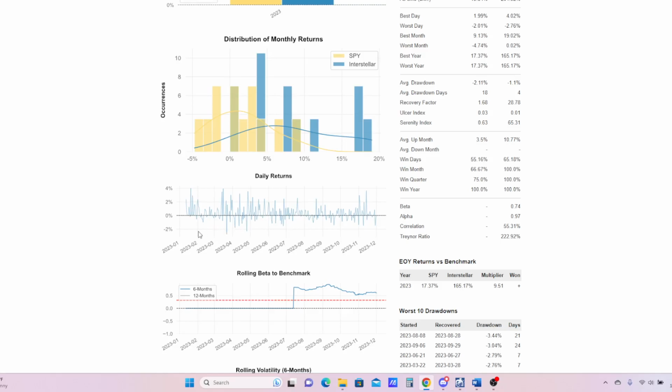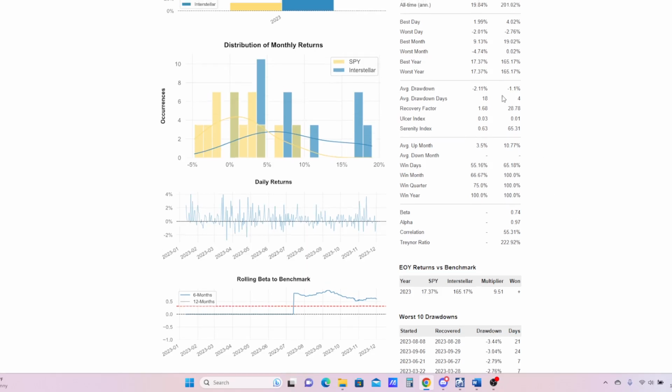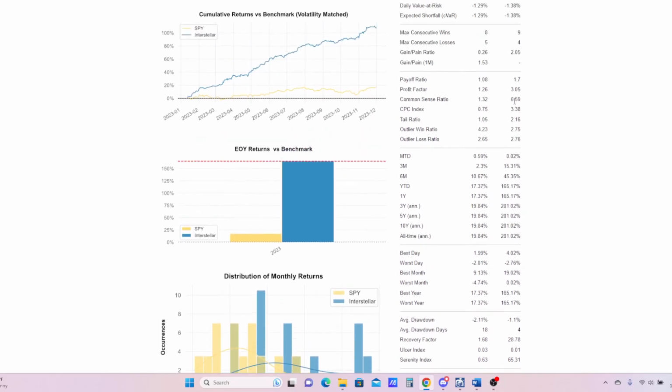You can see there's only been 2 days so far this year where the portfolio lost more than 2% in a single day, whereas there's been many days this year where the portfolio made more than 2% and even higher, 3 and 4%. It's hit almost 4% twice, and it's made around 3%, 1, 2, 3, 4, 5, 6, 7, 8 times. So that's what gives you that higher profit factor.